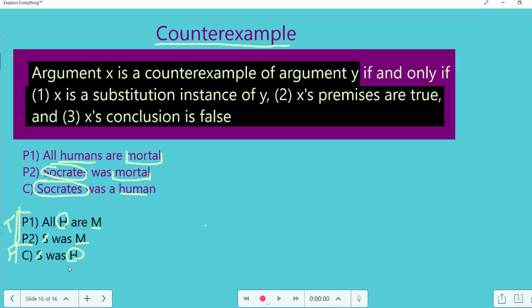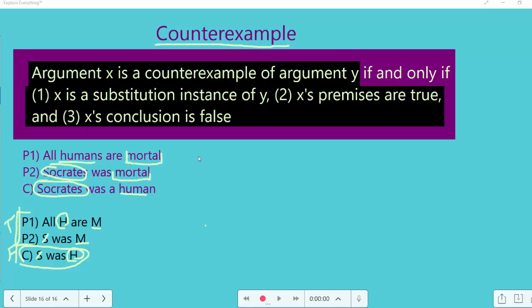So it's best practice to figure out a conclusion that's going to be false. So we could say that Babe Ruth was a hockey player, because Babe Ruth was not a hockey player.